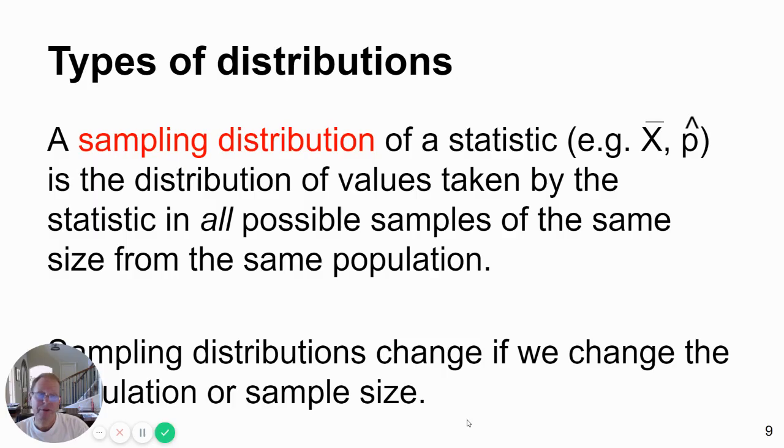But now we have this new thing right here, a sampling distribution. A sampling distribution of a statistic, x bar or p hat, for example, is a distribution of values taken by that statistic in all possible samples of the same size from the same population. So if we take all samples of the same size, and for each sample we calculate a statistic, then the distribution of those statistics is itself a sampling distribution.